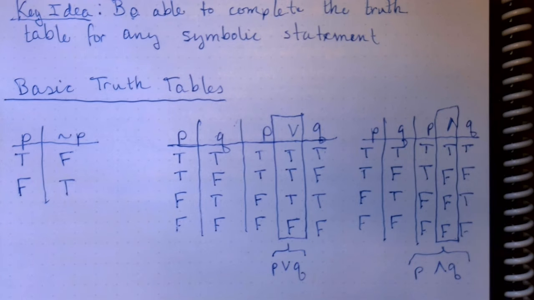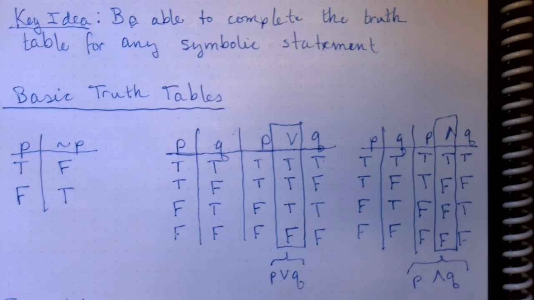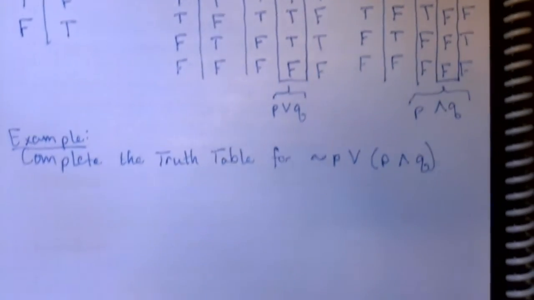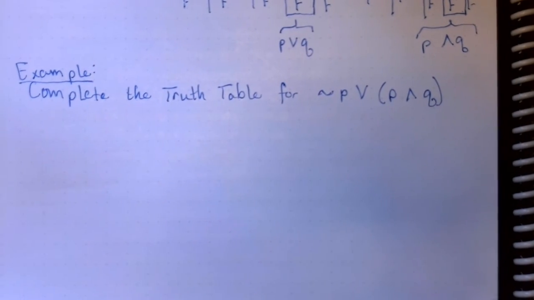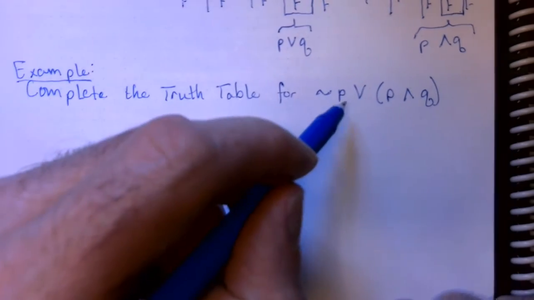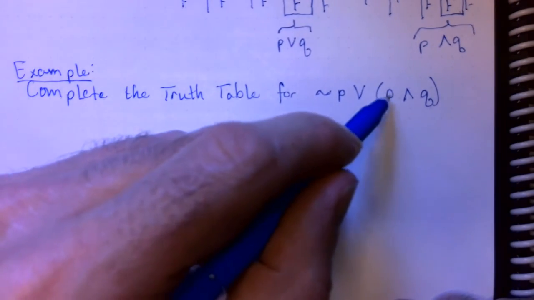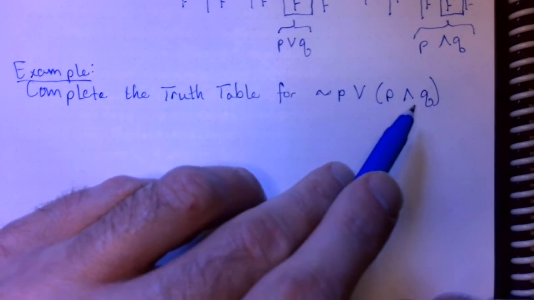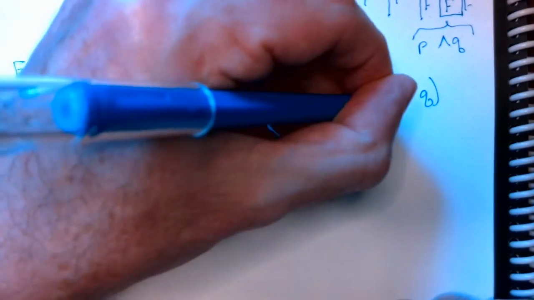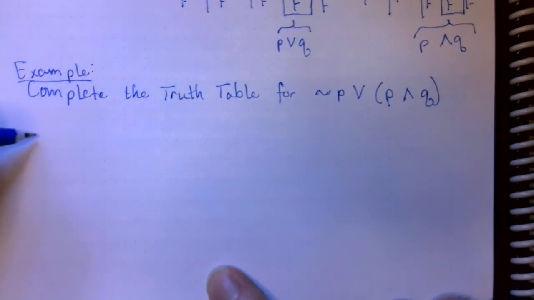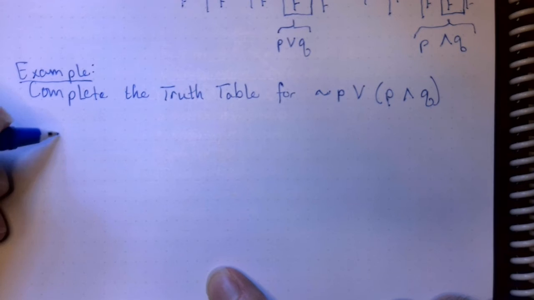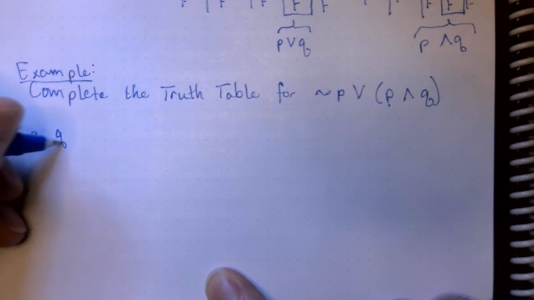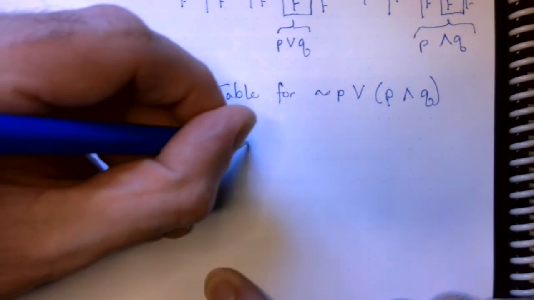Okay, so let's look at another example. In this example, we are going to complete the truth table for not P or (P and Q). Okay, when we're dealing with logic, parentheses mean the same thing that they do in arithmetic and algebra. This is what we're supposed to deal with first, and then we work our way out. Okay, now here's what we're going to do.